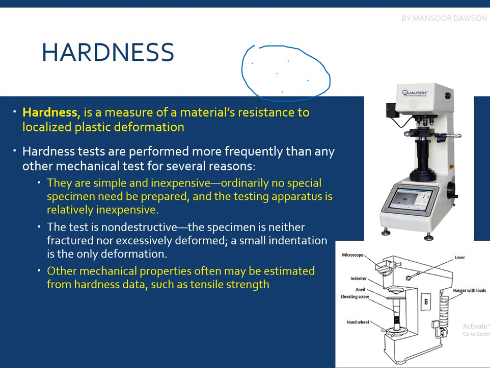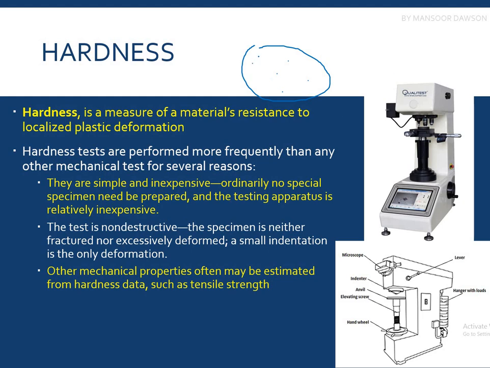It is non-destructive. Now you would say that we are putting some indents, so it should be destructive, but it is not in reality. Why? Because the area of the indents is very, very small. It's in millimeters, micrometers, or sometimes even nanometers. So it is a very small localized region that does not affect the overall property of the specimen.